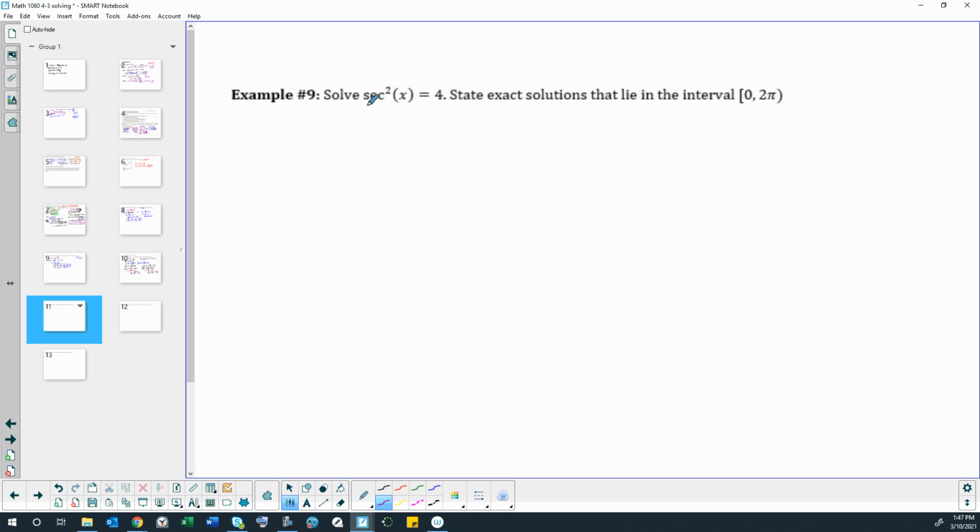Ooh, this one has a squared. So this would be the same thing as saying the cosine squared of x equals 1/4. Right? So this would be the same as saying the cosine of x is equal to plus or minus 1/2. I put the square root in there to get rid of the square, which means I have to include both positive and negative possibilities.